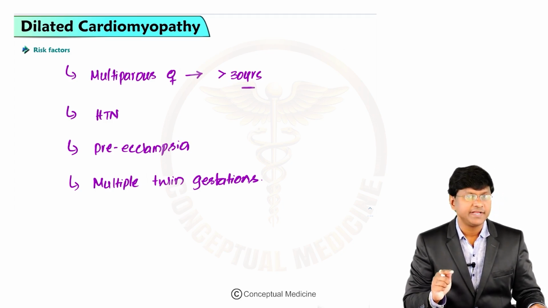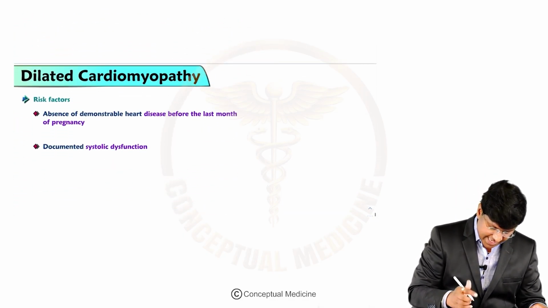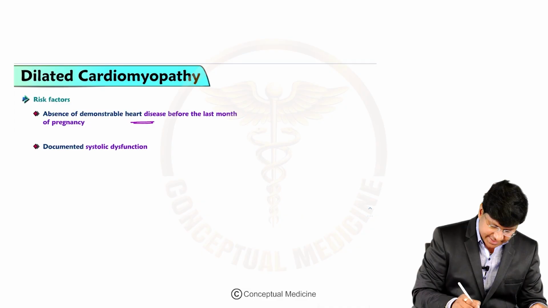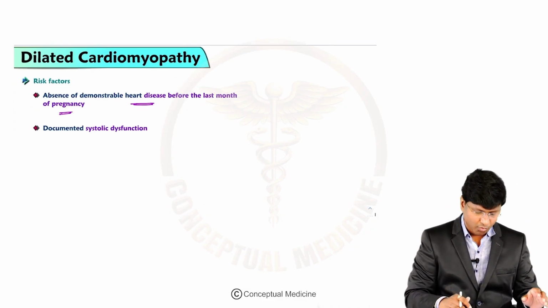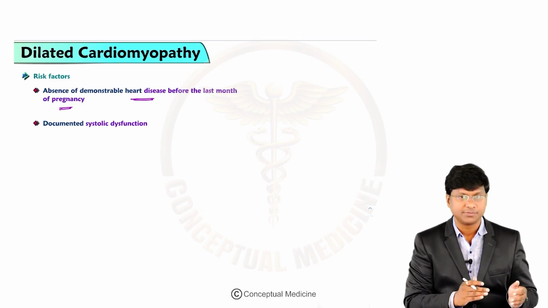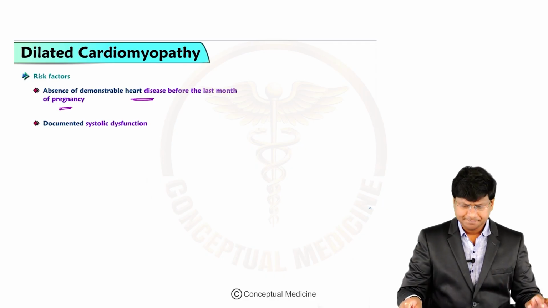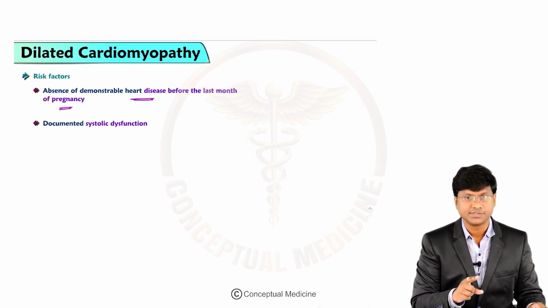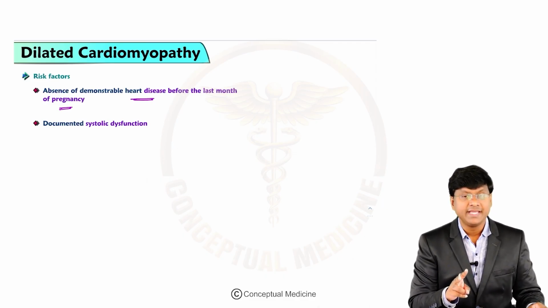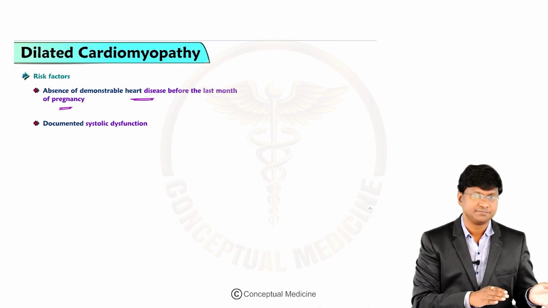Next, another very important point, as I have already mentioned, there should be absence of demonstrable heart disease before the last month of pregnancy. What do we mean by absence of demonstrable heart disease? The female should not have any history of coronary artery disease or any history of cardiomyopathies in the past.